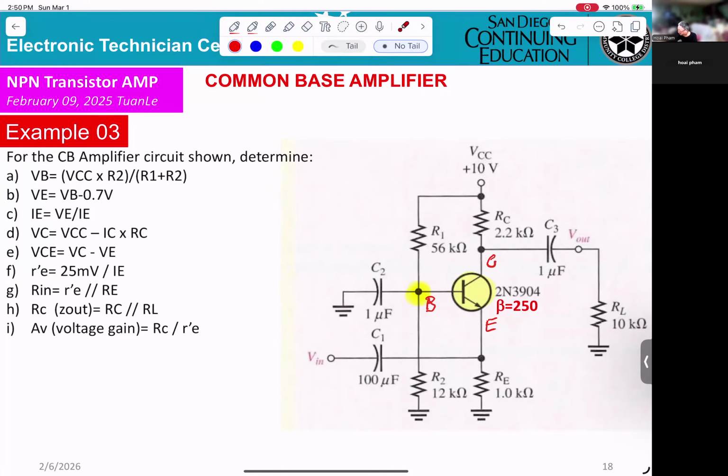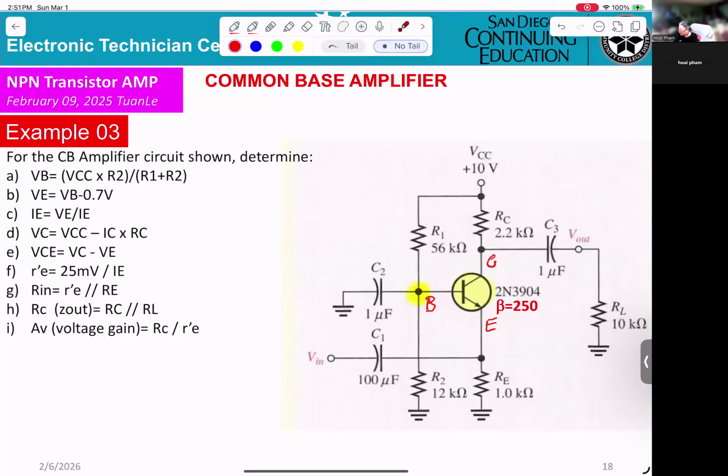RE. What does that mean? They're telling you input impedance. This is your input applied. It's from the input, you looking into the amplifier. How much resistance do you get? That's what they call input impedance. It equals R prime E parallel R big E. Okay?